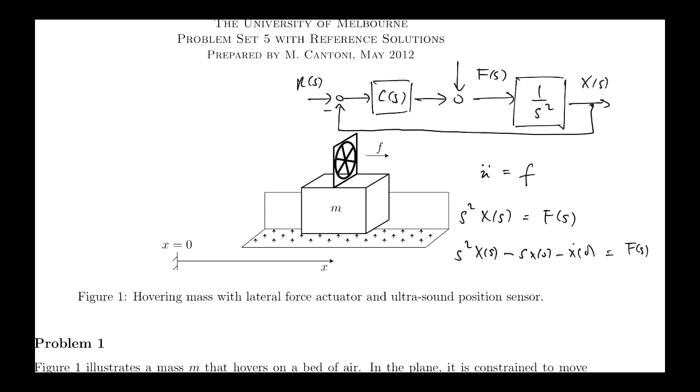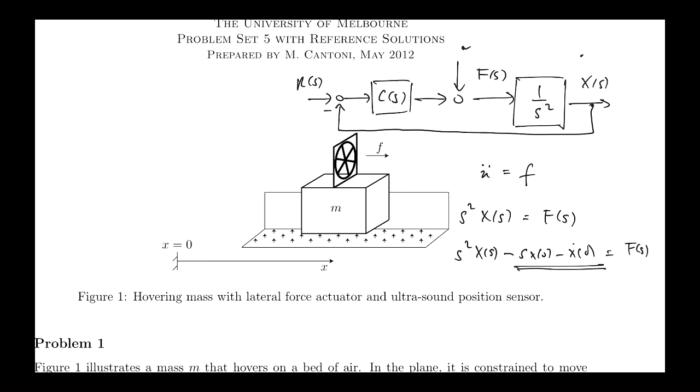And these non-zero initial conditions could be added in as additional input disturbances or output disturbances. So that's how initial conditions might affect the closed loop.